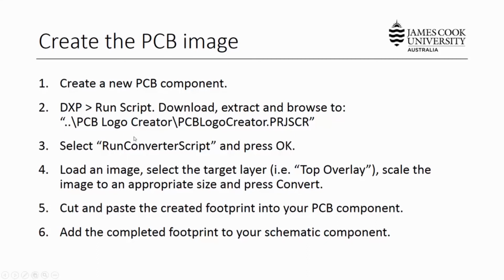So the next step is to run a script. To do this, we access the DXP drop-down menu and run script. And then you want to download and extract the resources zip file that I've created inside the YouTube description. And then you want to browse to, within that folder, PCBLogoCreator.prjscr. So let's give that a go.